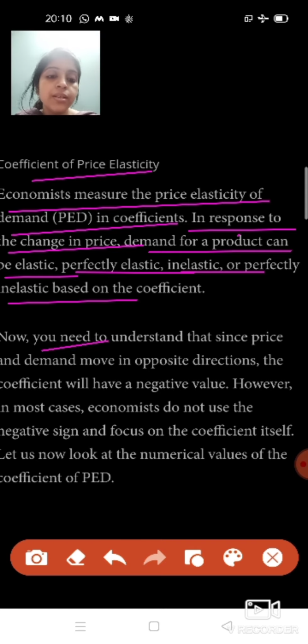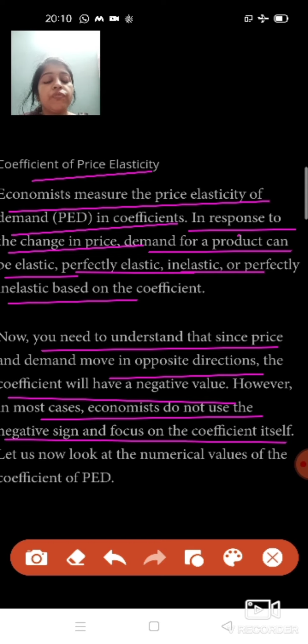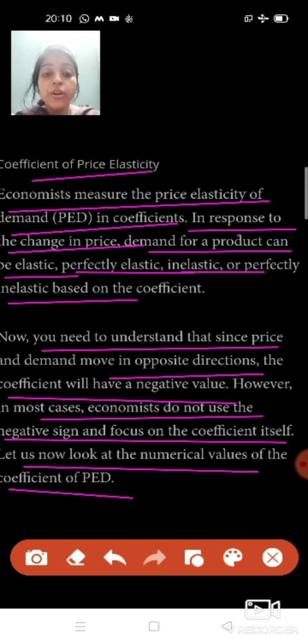Since price and demand move in opposite directions, the coefficient will have a negative value. However, in most cases, economists do not use the negative sign and focus on the coefficient itself. Let us now look at the numerical value of the coefficient of PED, meaning price elasticity of demand.